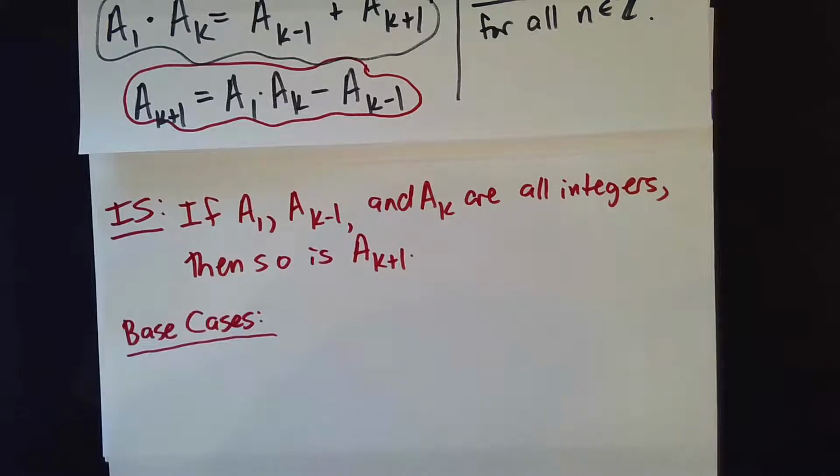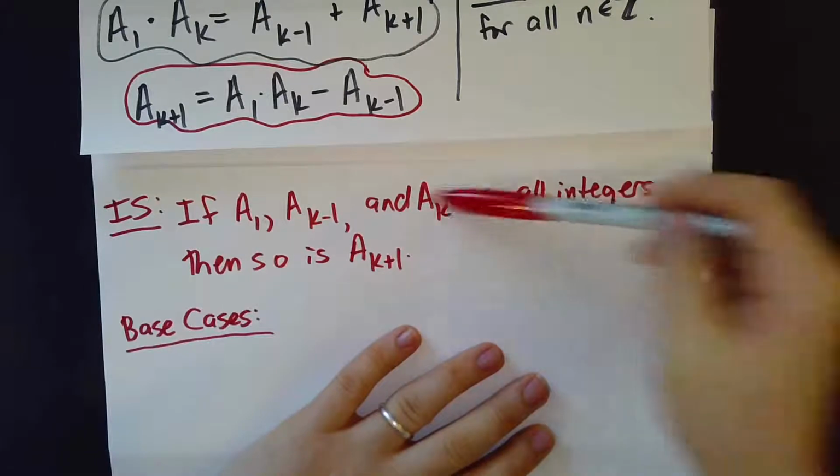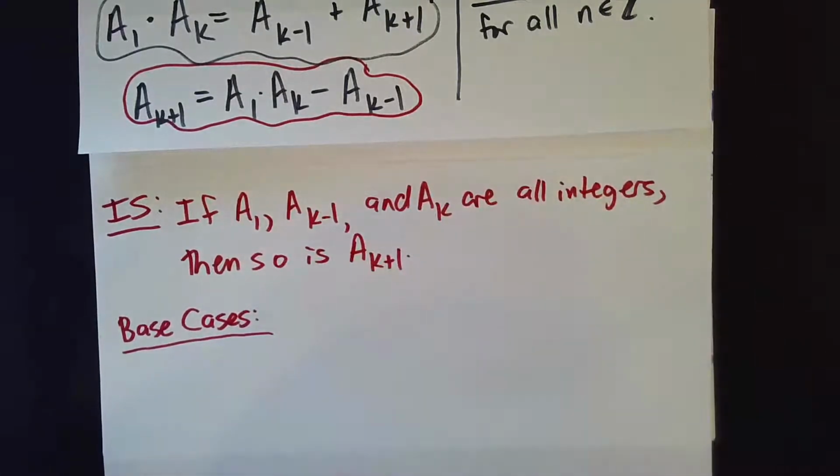Okay, so just to reiterate, my question is, if I want this inductive step to carry me through everything, what do I need? And that's right, I need the n equals 1 and the n equals 2 base cases.